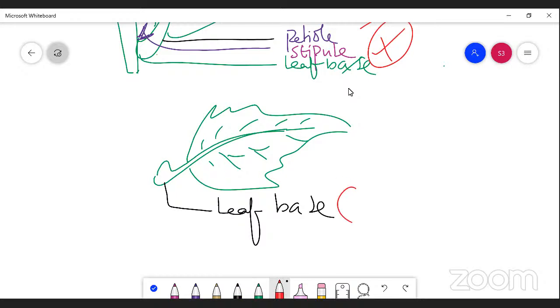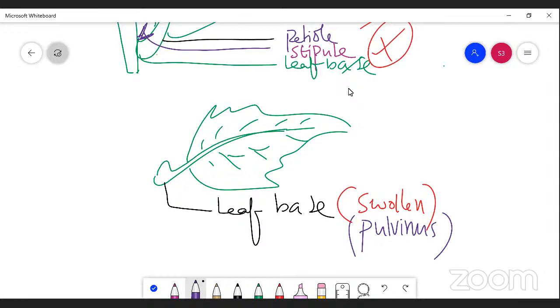Such a condition is called pulvinus. What is it called, my dear students? It is called a pulvinus. Actually, pulvinus is a characteristic of only the leguminous category. The leaf base sometimes becomes swollen.